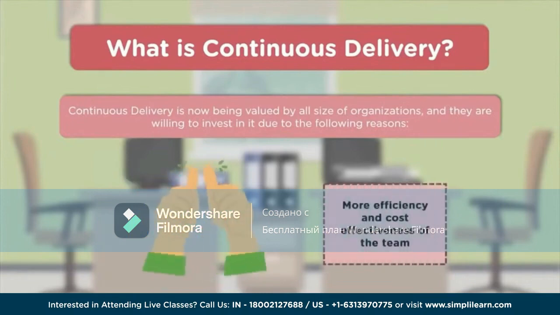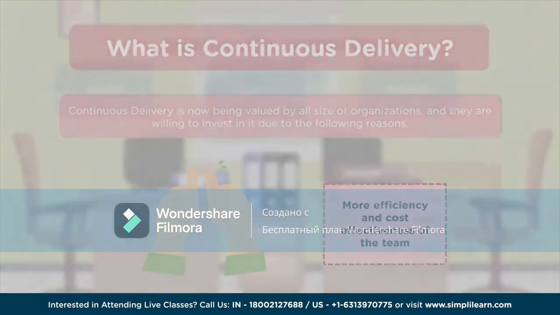There is also more efficiency and cost effectiveness for the team. From the cost and efficiency perspective, all those parameters are fully fulfilled with continuous delivery. So this process delivers a lot of benefits which can eventually help us develop a perfect, high quality product.